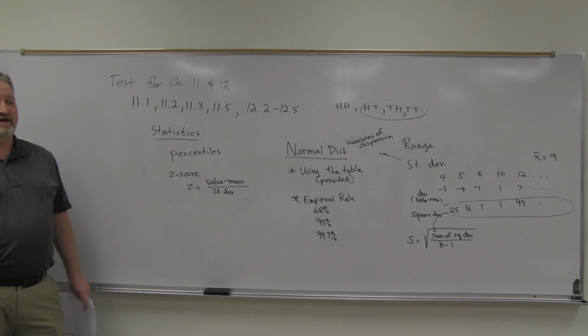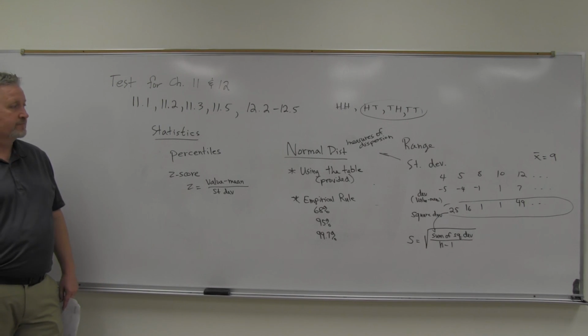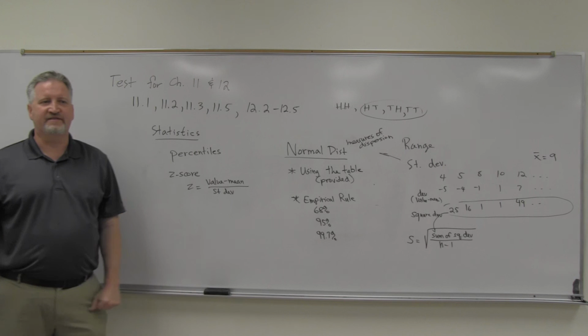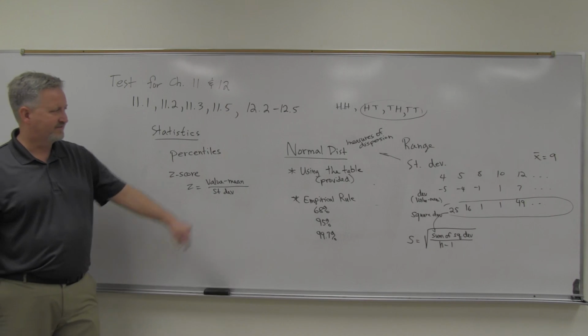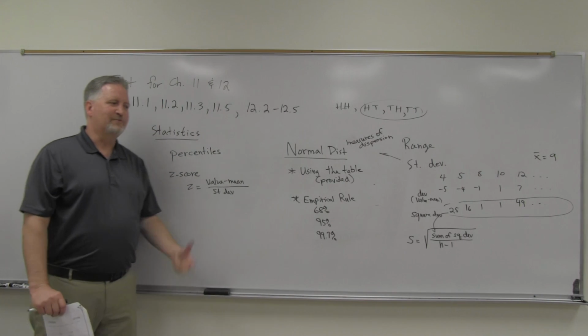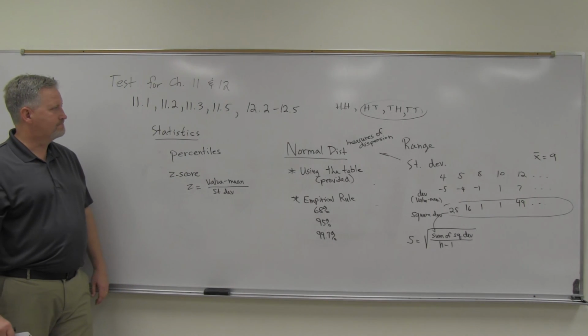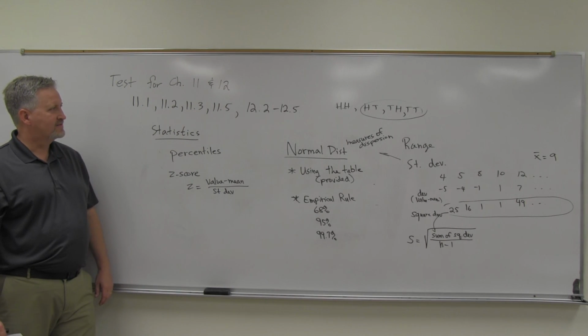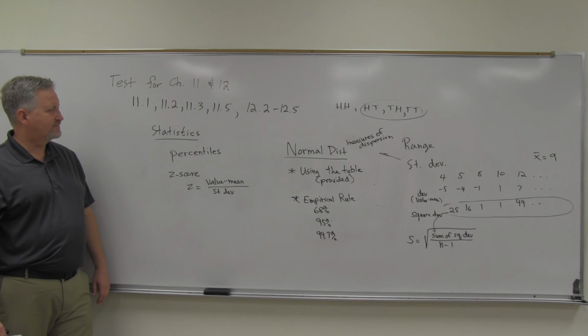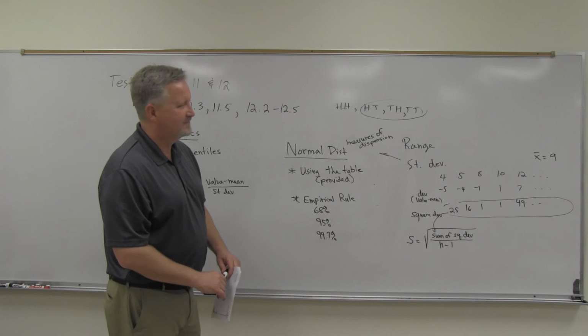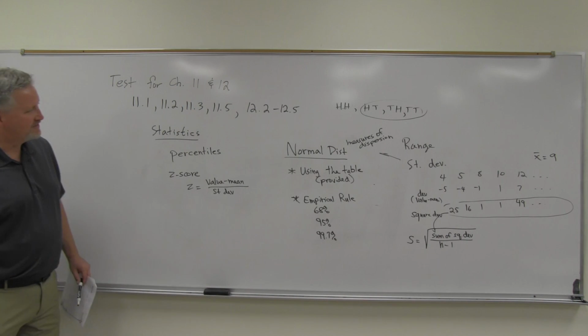Sometimes you have to halve those, depending on the picture. Be able to draw normal distributions and work with them using these 2 methods, which we did last time. I think that's the summary of what we did in these 2 chapters.